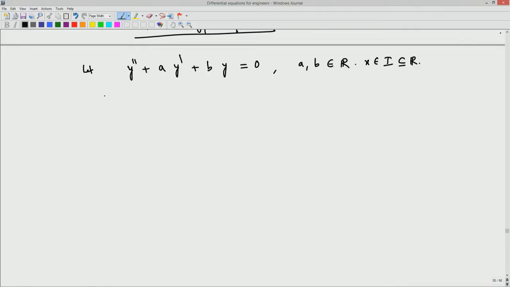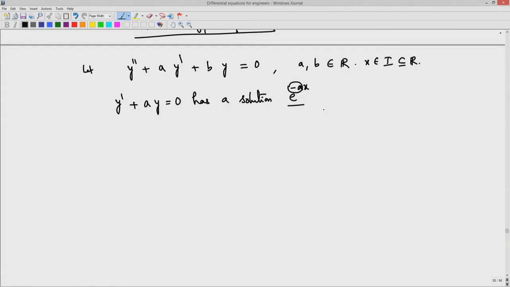We know that if it is a first order equation with some constant coefficient, it has a solution e power minus ax. We have seen this. So, it has exponential solutions, the natural exponential of some constant times x.